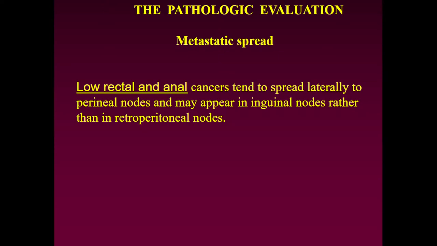But low rectal and anal cancers tend to spread laterally to perianal nodes and may appear in inguinal nodes rather than in retroperitoneal nodes. Why? Because of the blood supply of the lower part of the rectum and anal canal.